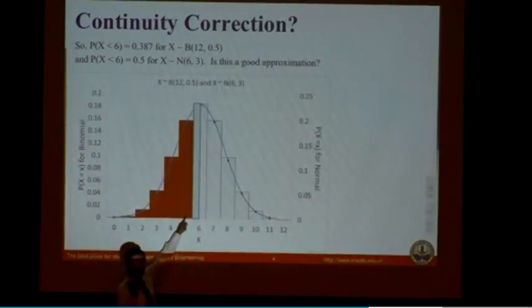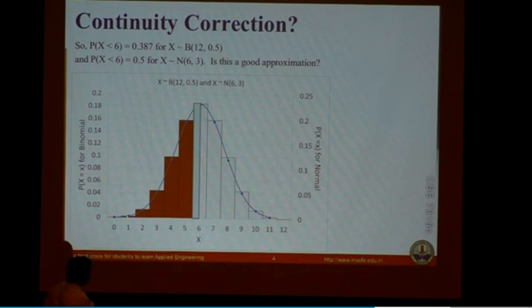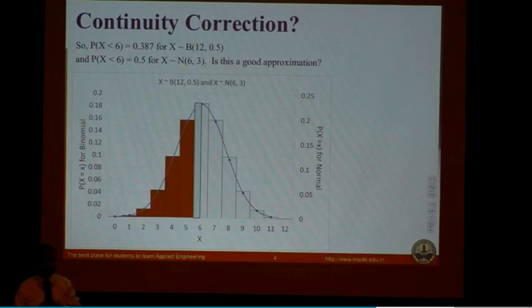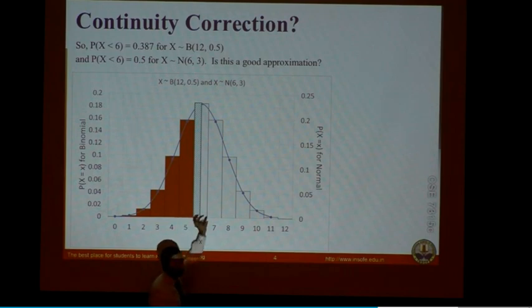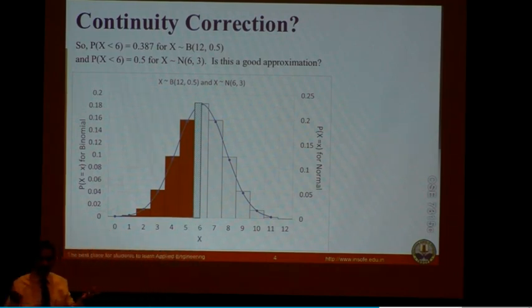But in normal, I don't. I continue. So, what is this point actually in a normal situation? 5.5. If I use x less than 5.5, then I am exactly approximating binomial. The 5.5 to 6 part, in binomial, I'm not taking that. I'm only taking up to 5.5.